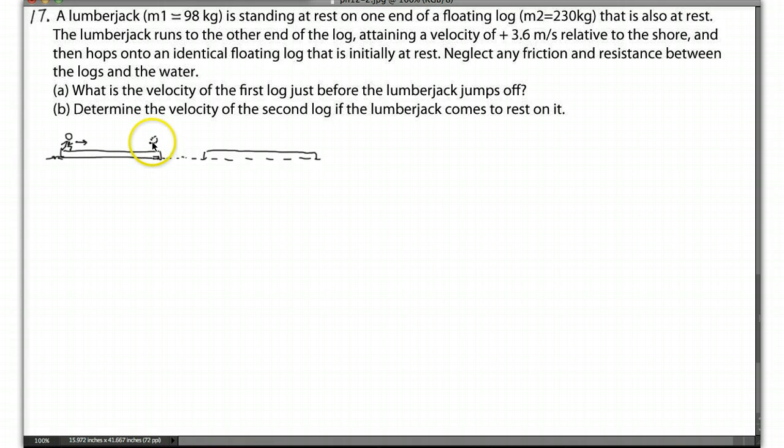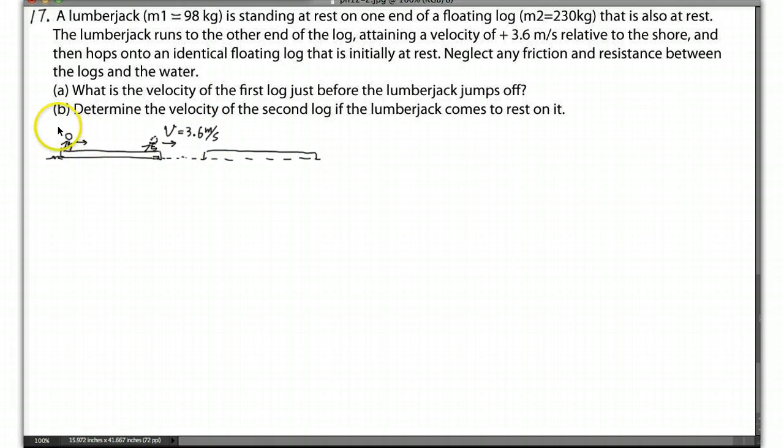And getting here. And then it's gonna jump to the second one, and the rest are on the second one. So that's the process. So we know the velocity here equals 3.6 meters per second. Okay.